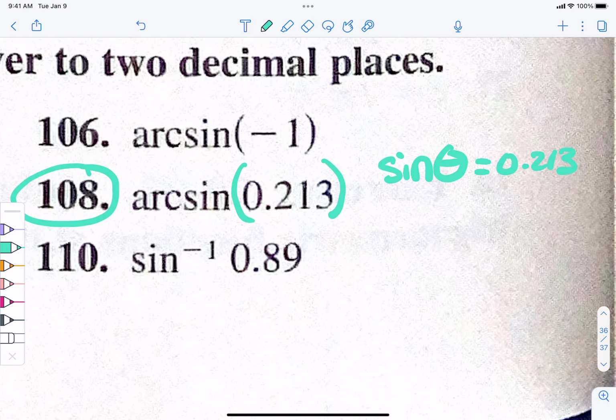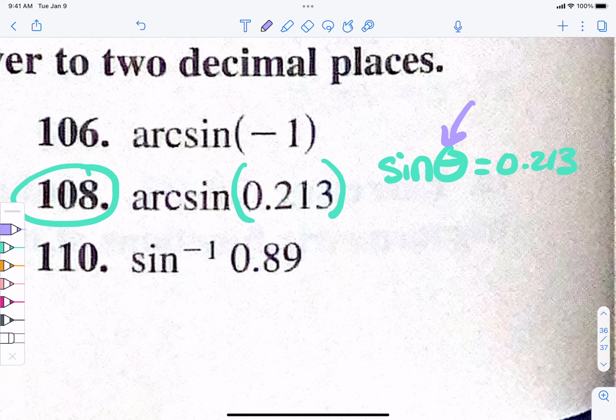The answer is whatever you want your answer to be in. It's going to give me the angle as soon as I solve for it. So, do I want my answer in radians or degrees? Because I'm solving for the angle.